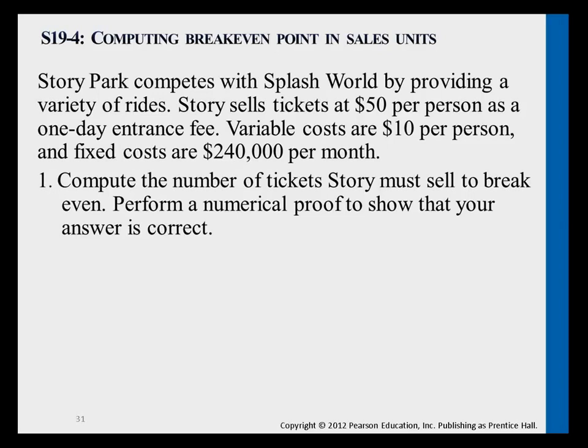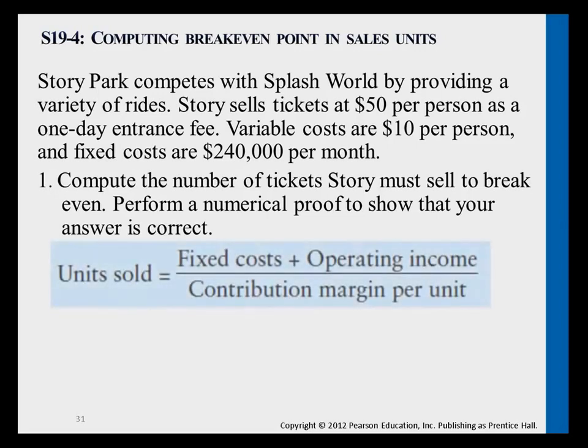Just take 2 minutes. It's an easy calculation. You're going to use the formula for units sold, just like we saw a second ago. I'm going to sum my fixed cost and operating income, and I'll divide it by contribution margin per unit. And this is how I have my units sold.